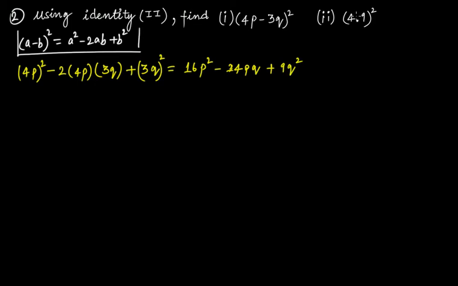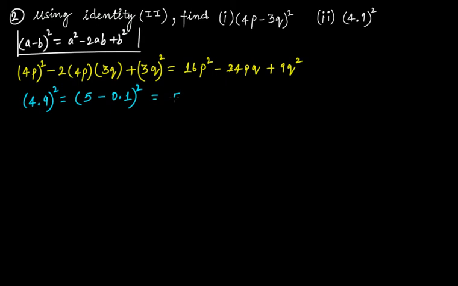Now if you look at this one, this is 4.9 squared, and we have to use identity 2 to solve this. So 4.9 squared can be written as (5 - 0.1) squared. This makes it in the form of identity 2. So what is a then? In this case, a is 5 and b is 0.1.